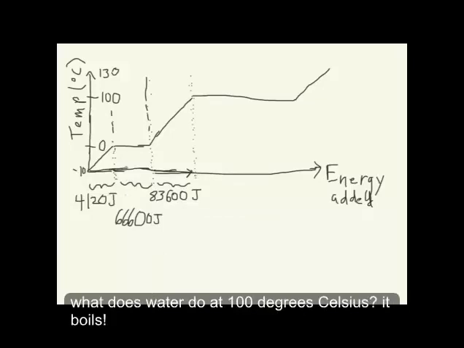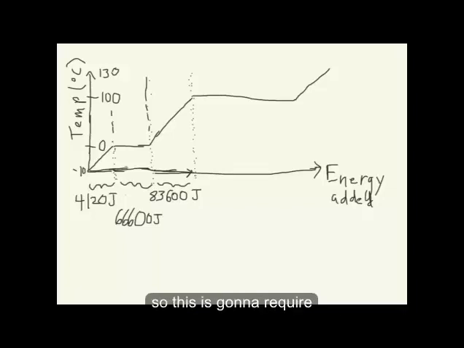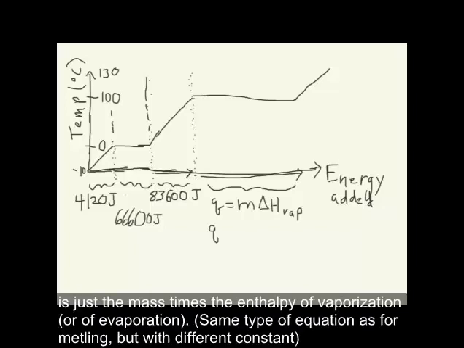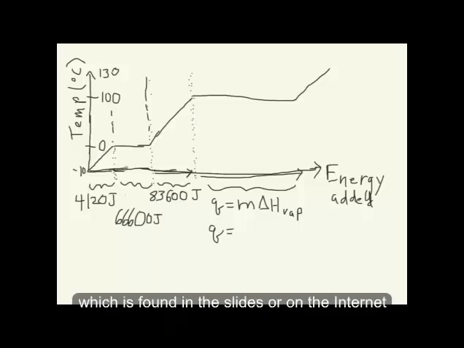What does water do at 100 degrees Celsius? It boils. So this is going to require more energy than all the other steps. Evaporating or boiling off our water liquid into water vapor. And the energy to do this is just the mass times the enthalpy of vaporization, or the enthalpy of evaporation, which is found in the slides or on the internet.